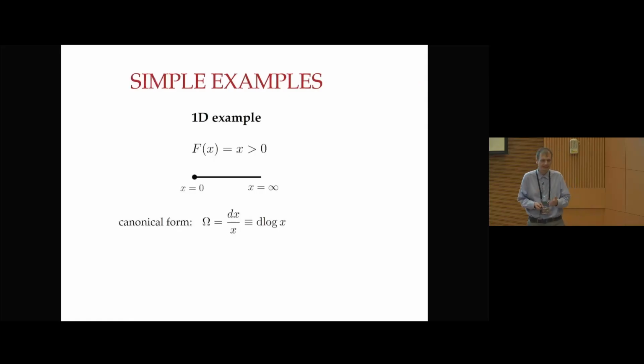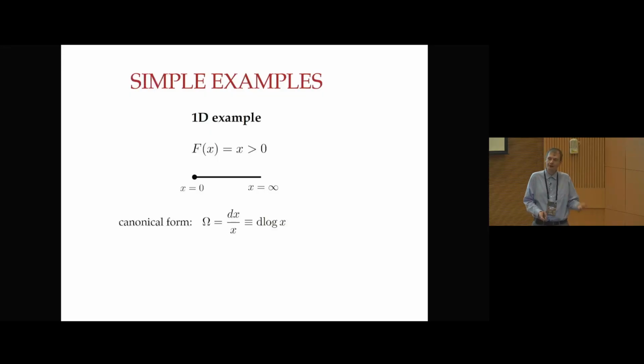Okay, so what are the simple examples? The simplest is a one-dimensional example. This is the simplest example of positive geometry. x is real and it's positive. So the positive geometry is just a semi-infinite line segment from 0 to infinity, and the canonical form is just dx over x. It has singularities on the boundaries.